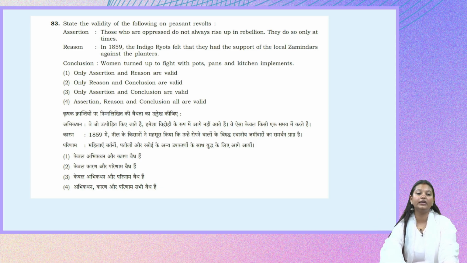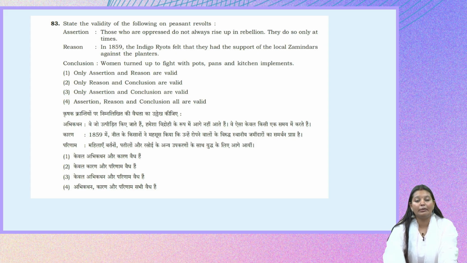So when you read, you will realize that those people who were oppressed do not always rise up in rebellion. This is true. They do so only at times. The reason of it is in 1859, the Indigo riots, they felt that they had the support of the local zamindars when it was against the planters.